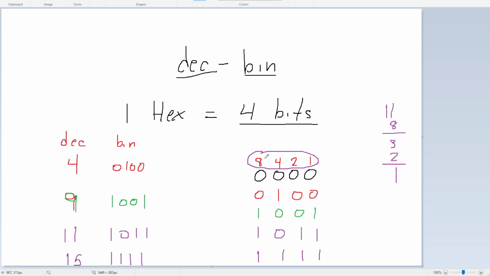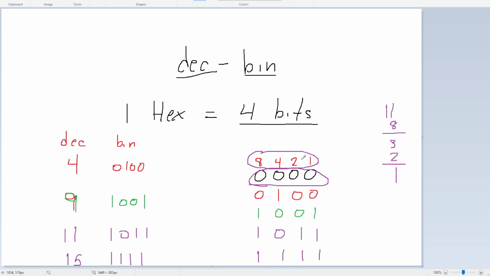And if all the bits are off, that gives you the decimal number 0. So 0 in decimal, when you're working with 4 bits, would be 4 binary zeros.